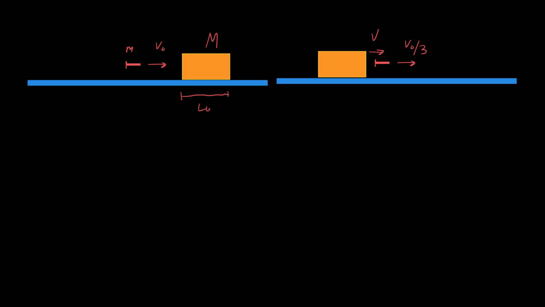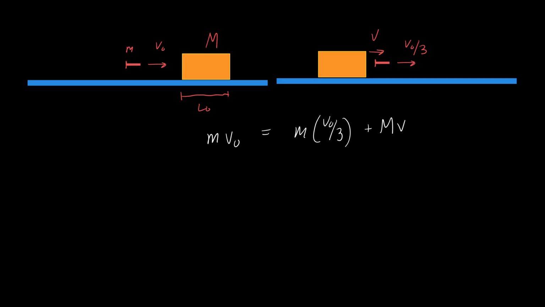This is a pretty clear conservation of momentum question, because it's a clear collision. One object contacted another object. So I'm going to go with the momentum of the system beforehand, mv0, has to equal the momentum of the system afterwards. The bullet still has momentum, m times v0/3. But now the brick has its own momentum, which is Mv, and we are solving for this velocity here.